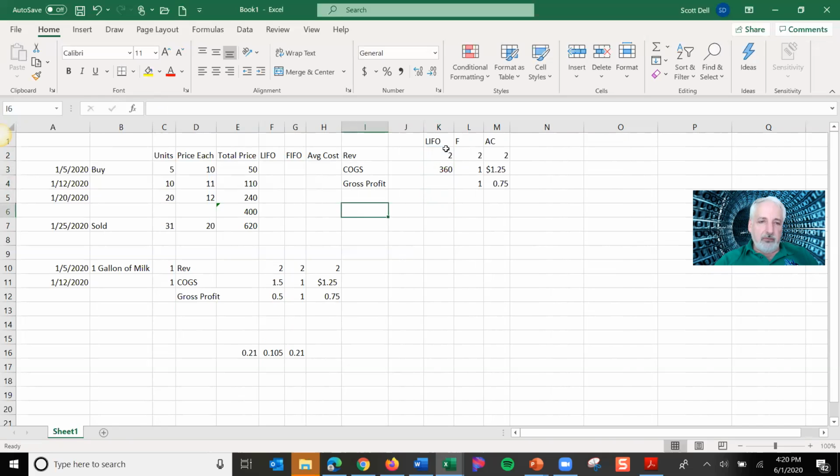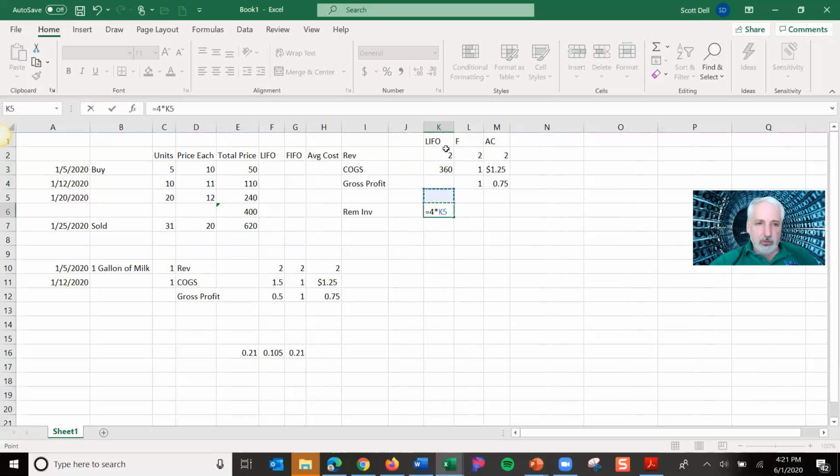How much do we have left in inventory? Remaining inventory is, well, if we sold 31 units, we must have 4 units left. 4 times those 10 units. So you look at that and say, I got 360 in cost of goods and 40 in inventory. You remember this formula?